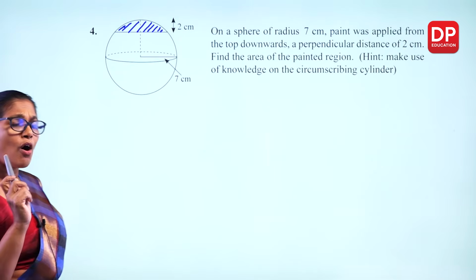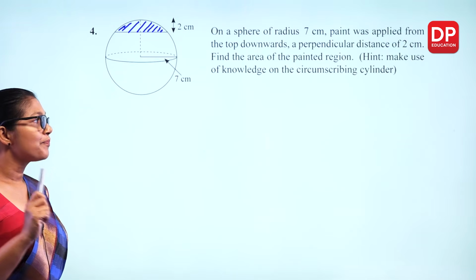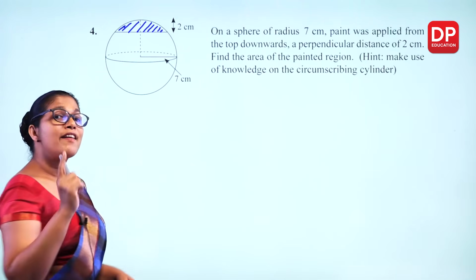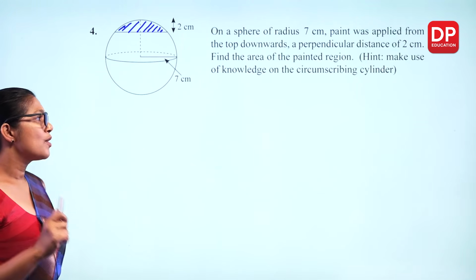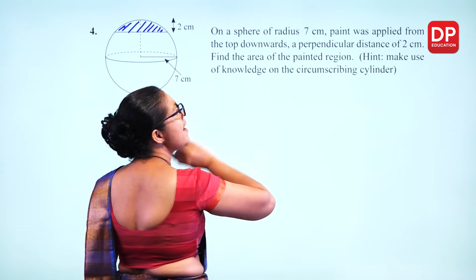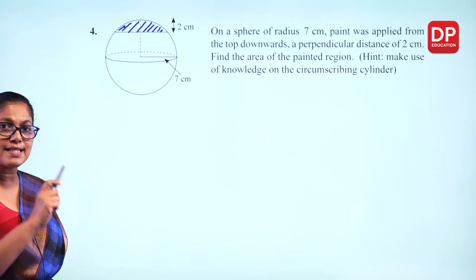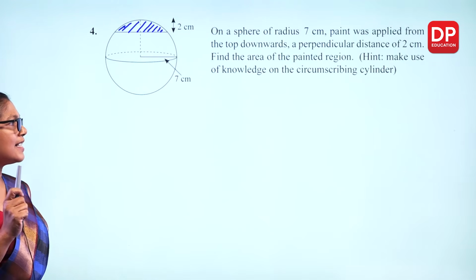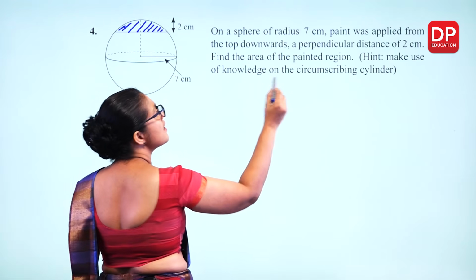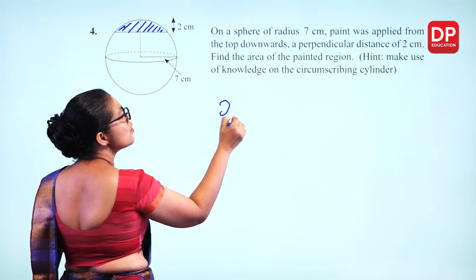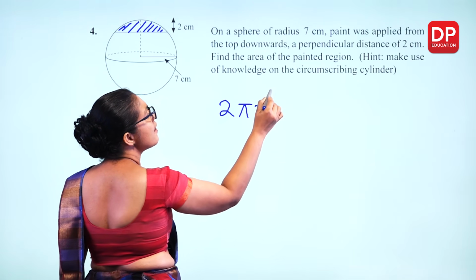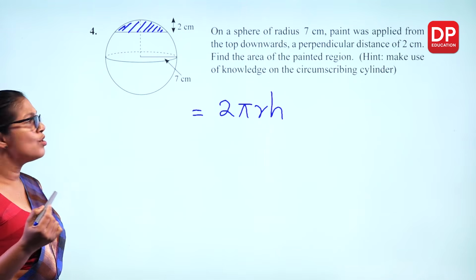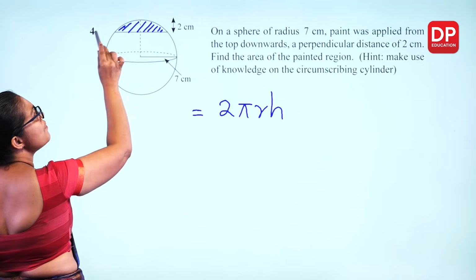So here, according to Archimedes' theorem, the surface area of the sphere is the same as the curved surface area of the circumscribing cylinder. So what's the curved surface area of the cylinder? 2 pi r h. That should be equal to the surface area of this part.